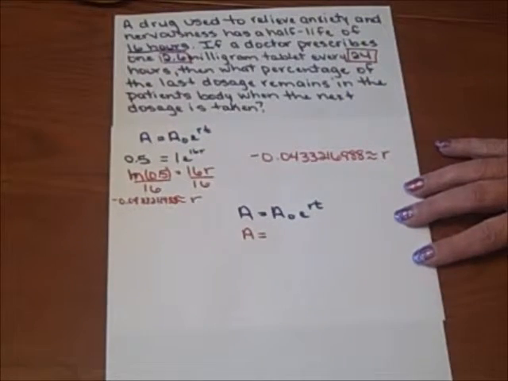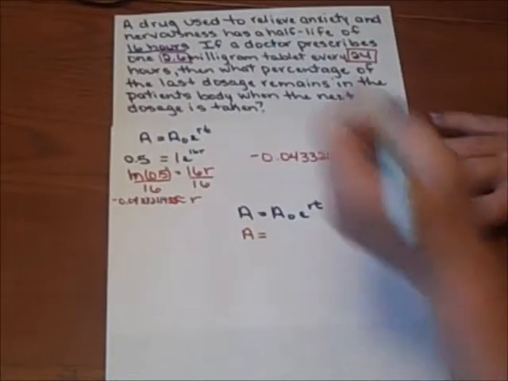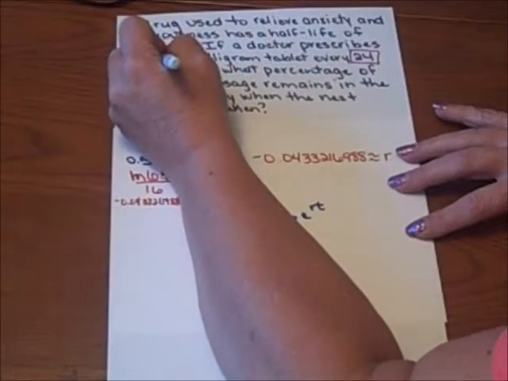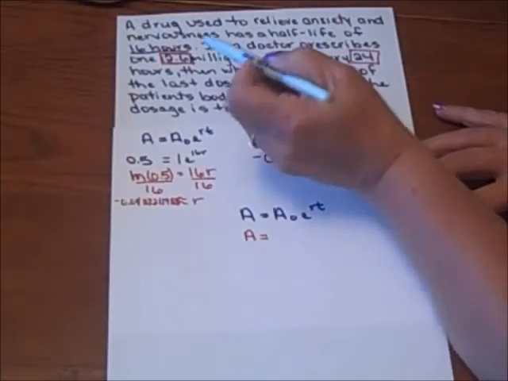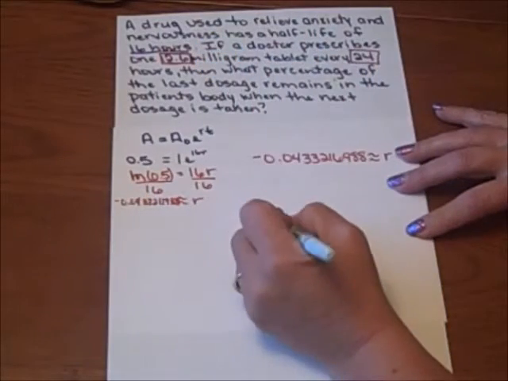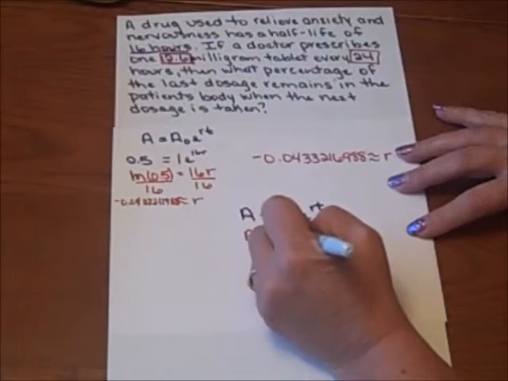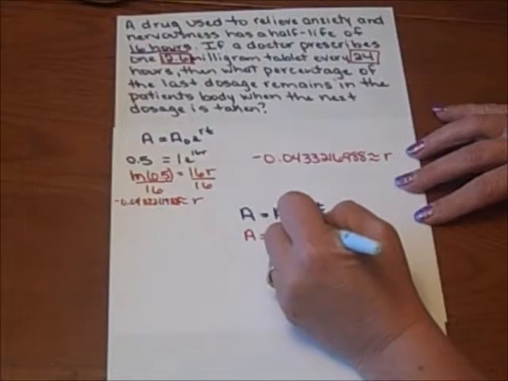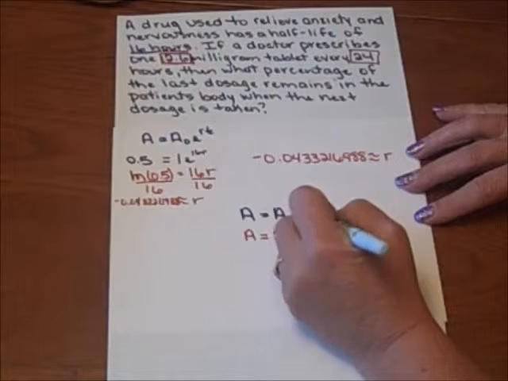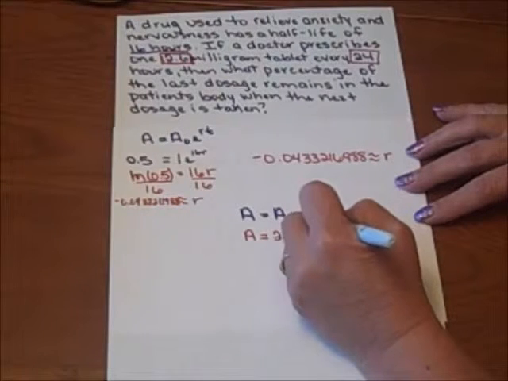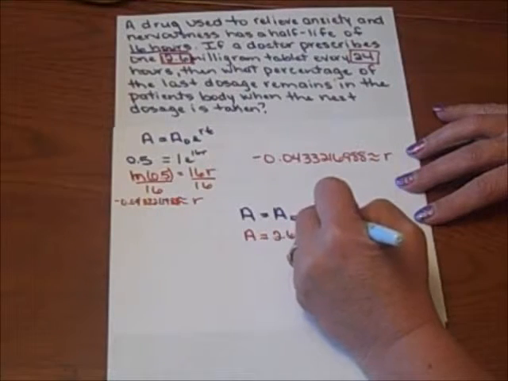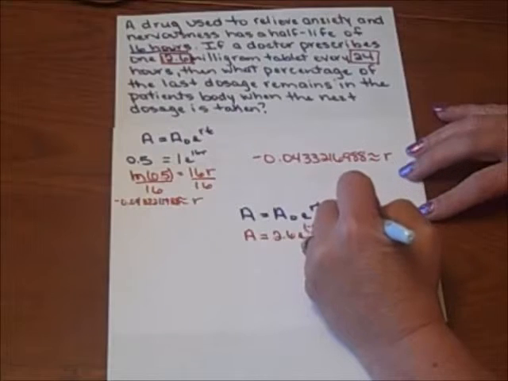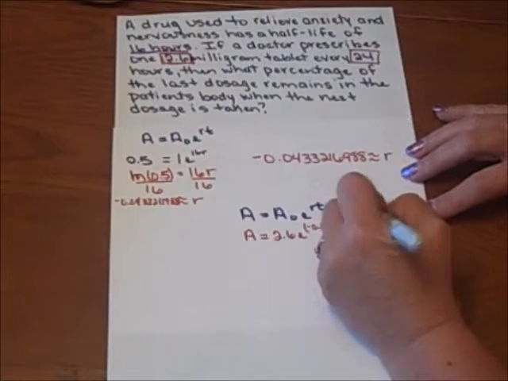We know that our initial amount of medication is 2.6 milligrams. It's up here. So we're going to write 2.6 e. We now know that r is negative 0.043321698.